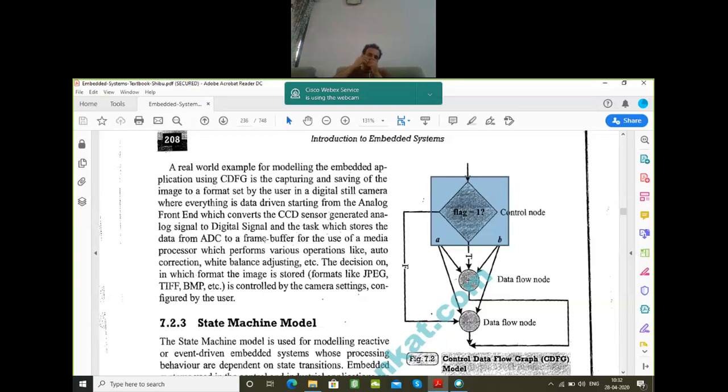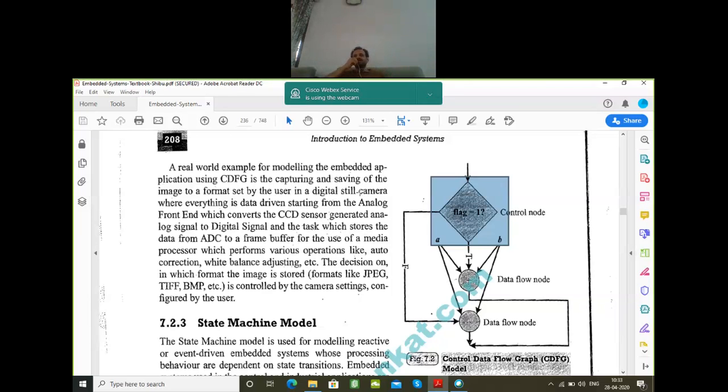So where can you see the applications of control data flow graph? In real world applications, you can see examples of control data flow graph. CDFG is used for capturing and saving of images to a particular format by the user in the camera.